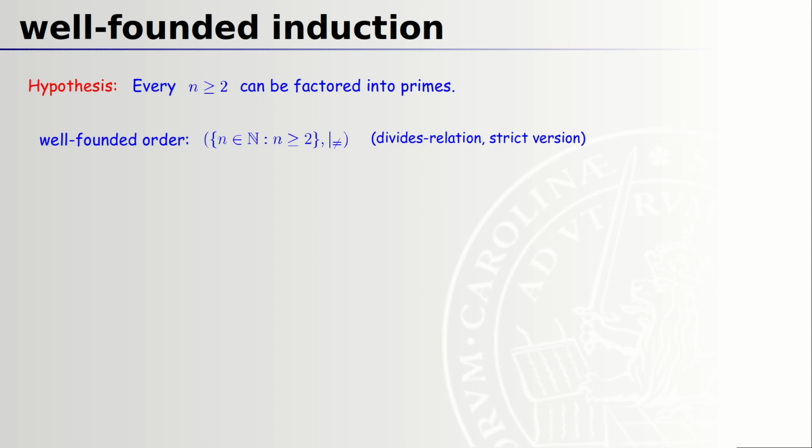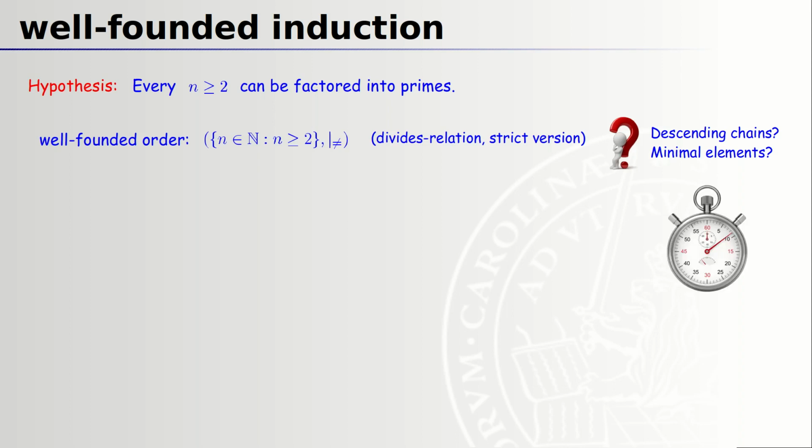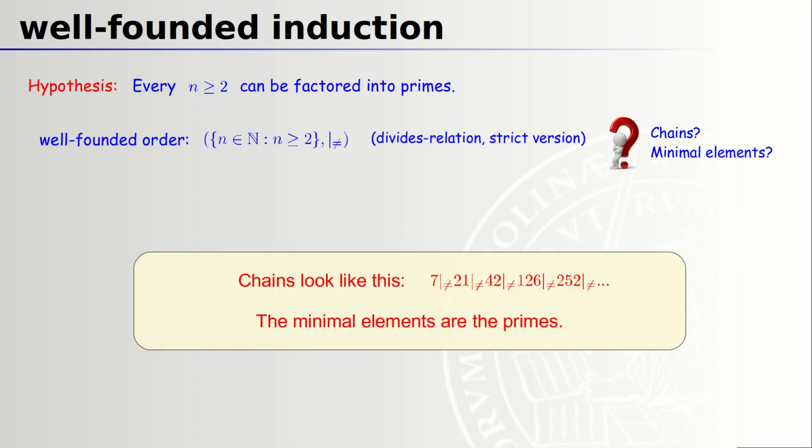If you have doubts about it, convince yourself that this is, in fact, a strict partial order. Think about what chains look like in this order, that is, chains of inequalities, and what its minimal elements are. This is how one could picture a chain. The minimal elements of this order are the primes.